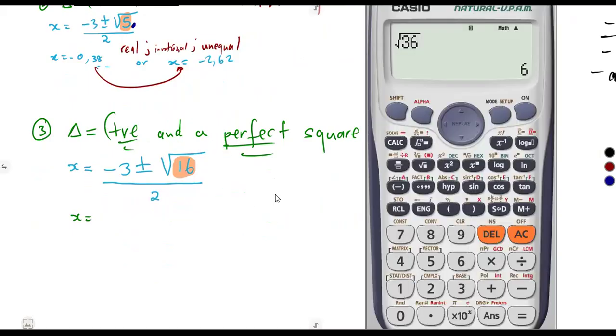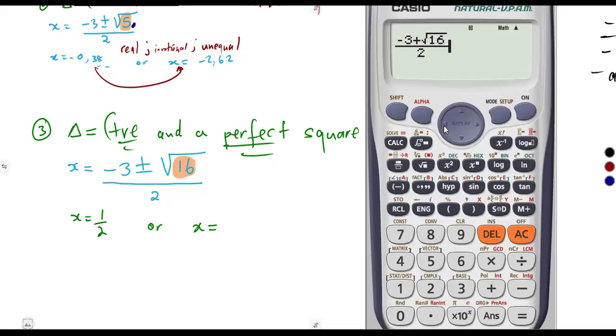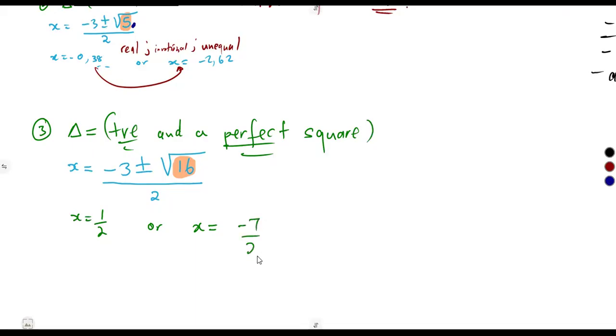All right, so from our calculator, we were going to have minus 3 plus the square root of 16, everything over 2. I want you to see. That's 1 over 2. All right, no problem. 1 over 2, or x is equal to, we do the same. We put a minus here. Let's see what was going to happen. We're going to obtain minus 7 over 2.